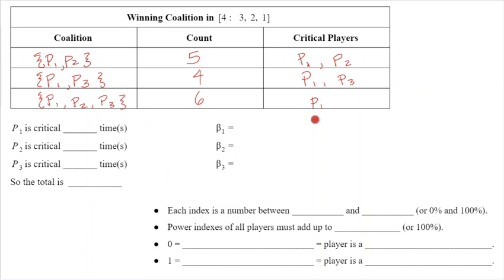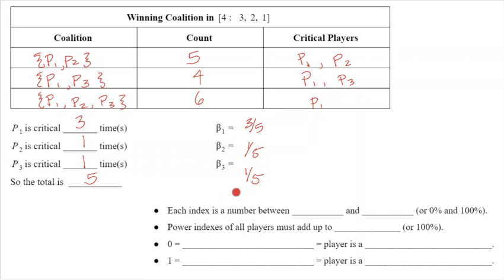So player 1 is a critical player 3 times, player 2 is a critical player once, player 3 is a critical player once. We have a total of 5 critical players. So the Banzhaf power index for player 1 is 3/5, for player 2 is 1/5, player 3 is 1/5. So clearly, player 1 has the most power in this situation.